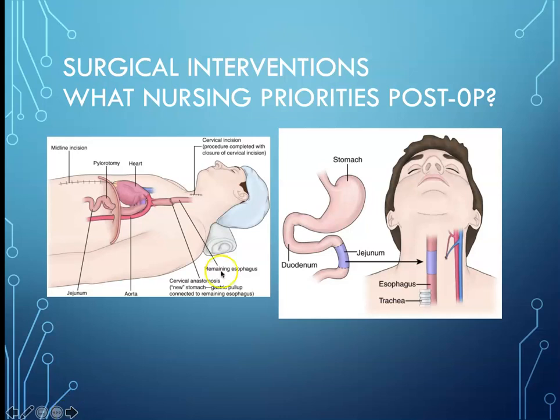So nursing priorities post-op after a tracheostomy: as you can see, the main issue will be airway protection.